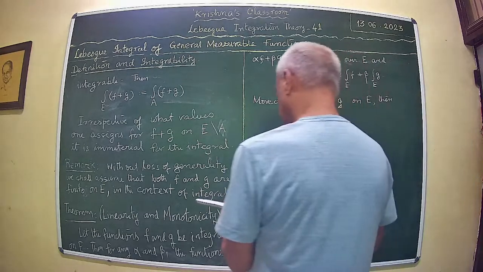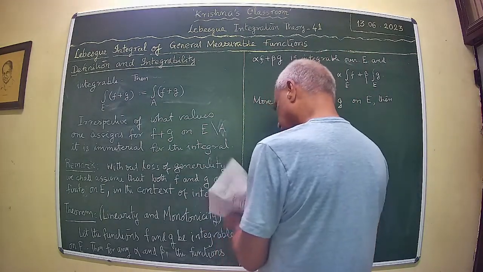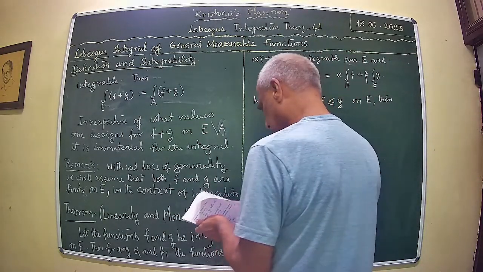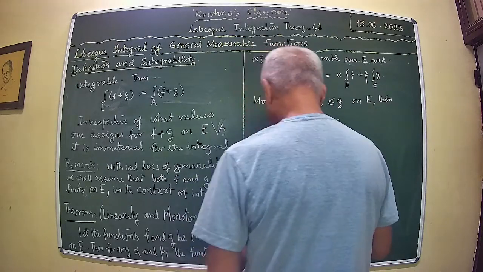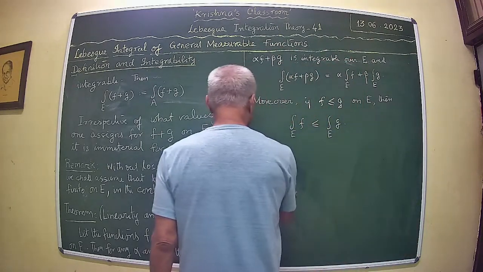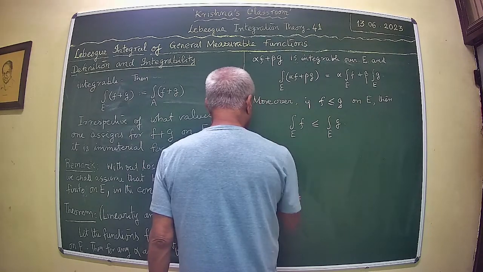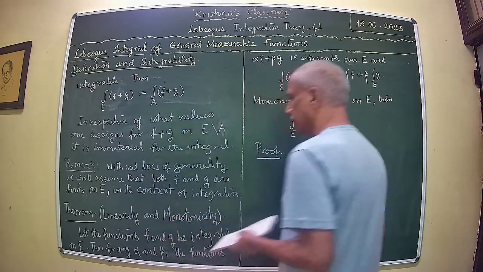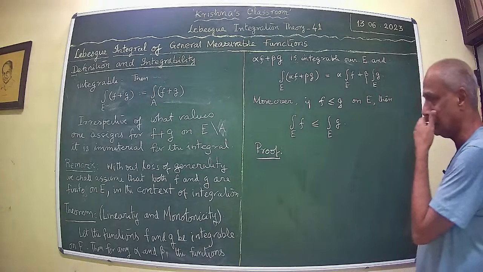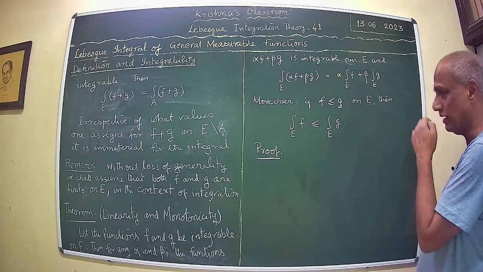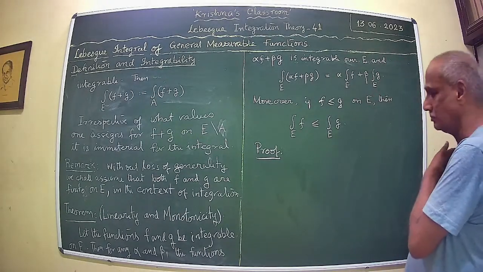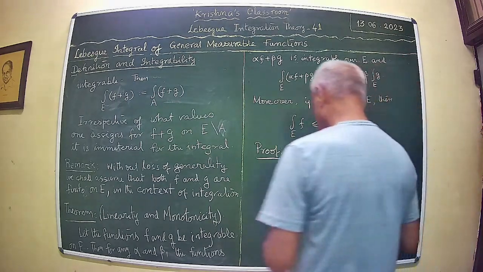Now let us prove this. I mean, it's not difficult to prove this, just a simple thing. Of course, without loss of generality, we make the assumption that both f and g are finite on E. Okay.